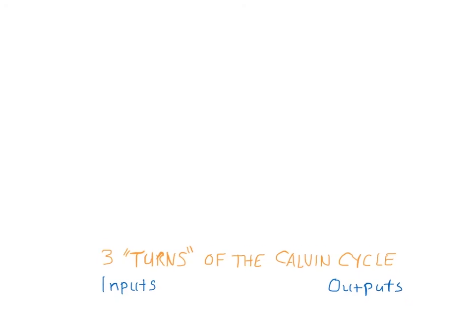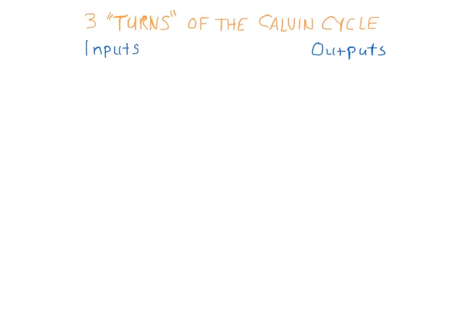Let's summarize the 3 turns of the Calvin cycle with a list of inputs and outputs. The carbon in the 3 carbon dioxide molecules becomes the simple sugar known as pGal. We need 9 ATP to phosphorylate the molecules and give them energy, and the outputs have to go back to the light reaction.